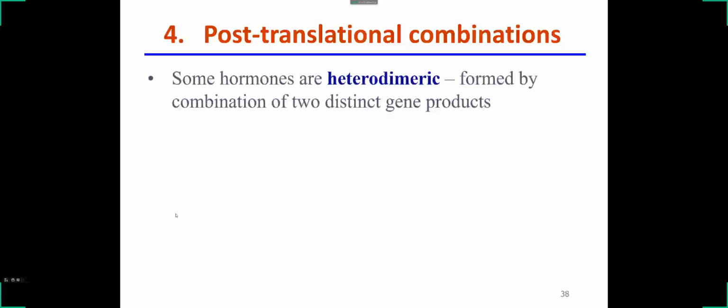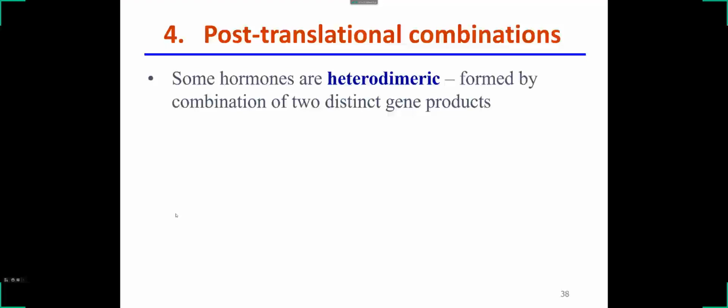So importantly, not only do you get post-translational modifications, but you also get post-translational combinations. Some hormones are heterodimeric and formed by the combination of two distinct gene products. So it's different than insulin. Insulin, remember, we had A, B, and C that all came from the same gene, and you got cleavage and you got disulfide formation between A and B chains.